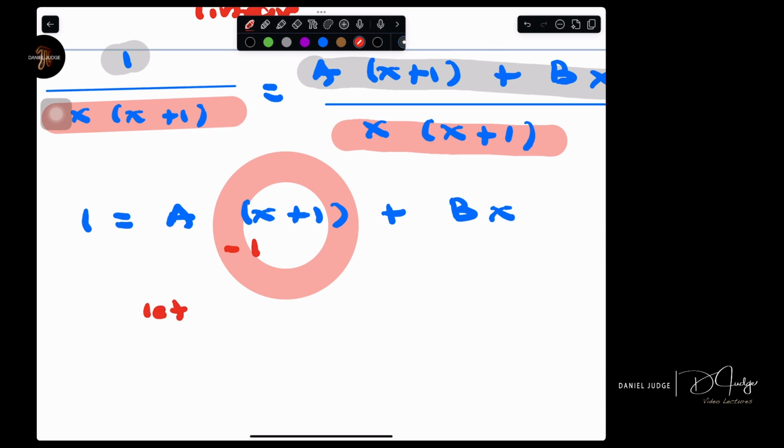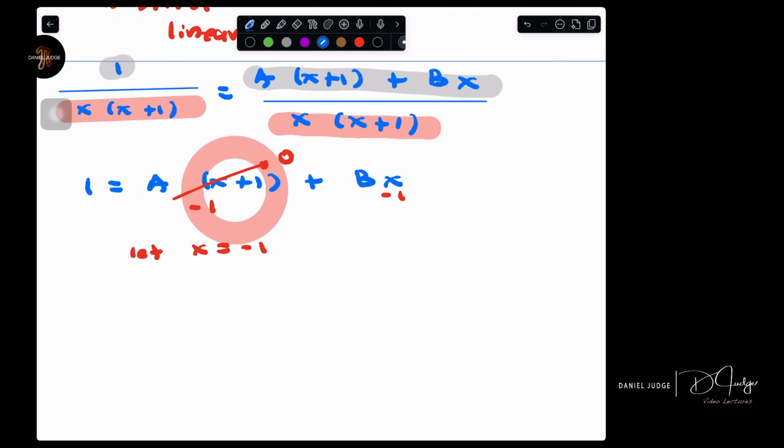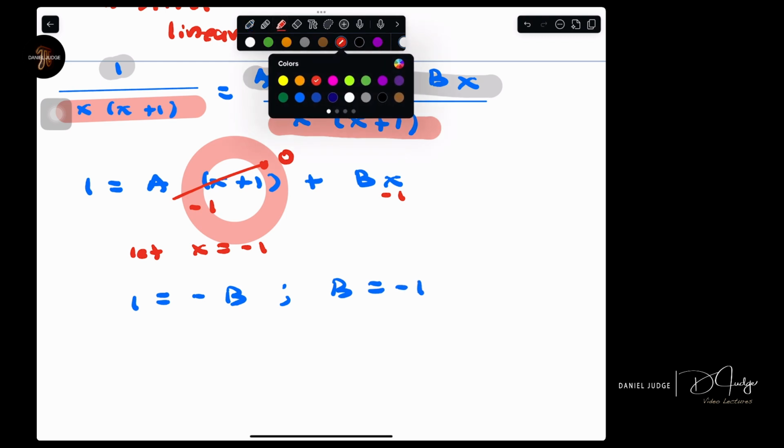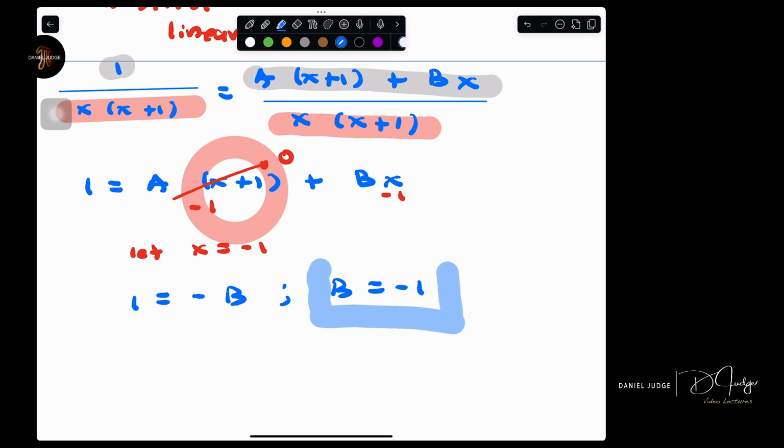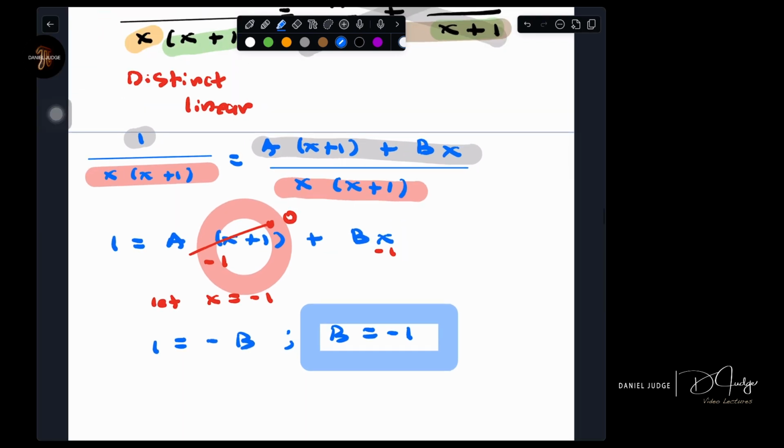That can only happen if I let x be negative 1. So wherever there's an x, we let that be negative 1. And notice you get a zeroed out term here, and you get 1 equals negative b. Or we should say b equals negative 1. All right, b is negative 1.